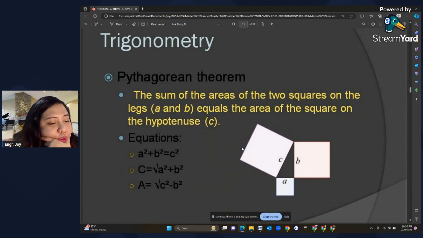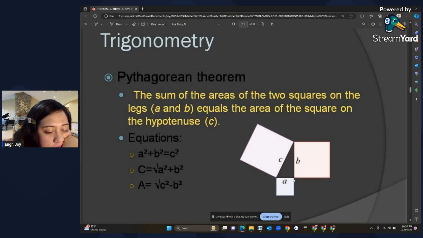Trigonometry, Pythagorean theorem. The sum of the areas of these two squares on the legs A and B equals the area of the square on the hypotenuse. So guys, ang hypotenuse po kasi dito, this is the longest side in the triangle. That's why ito yung C, okay?